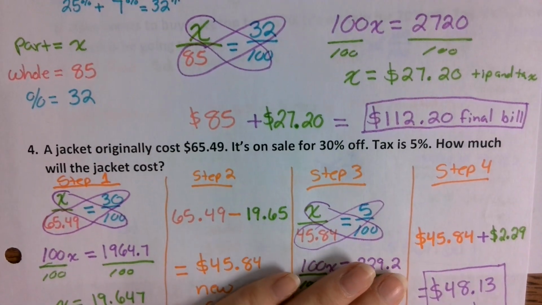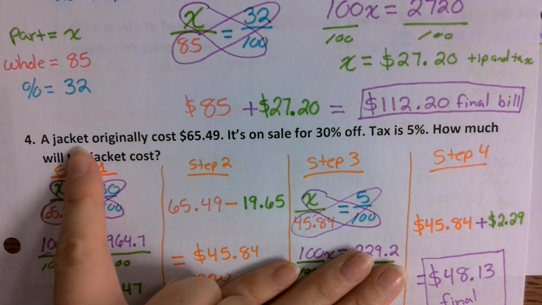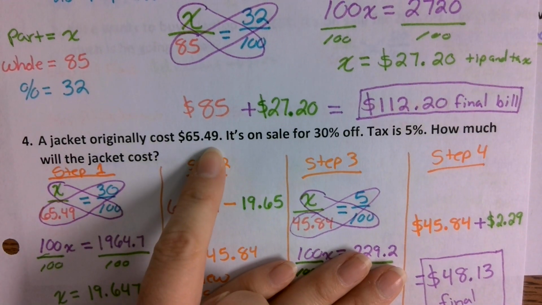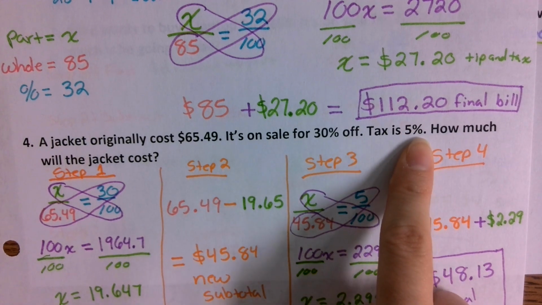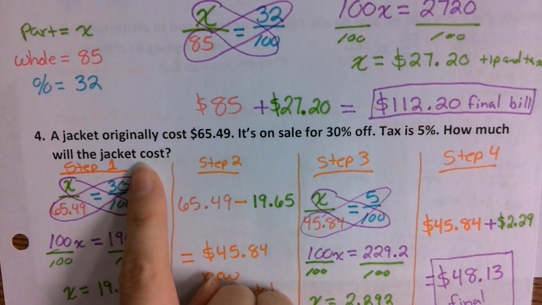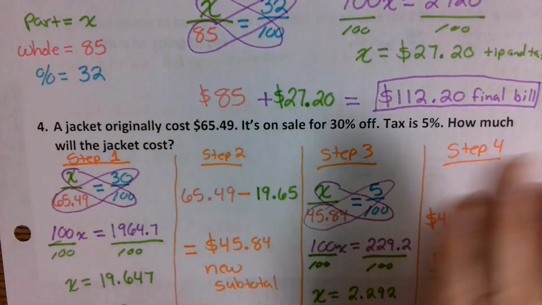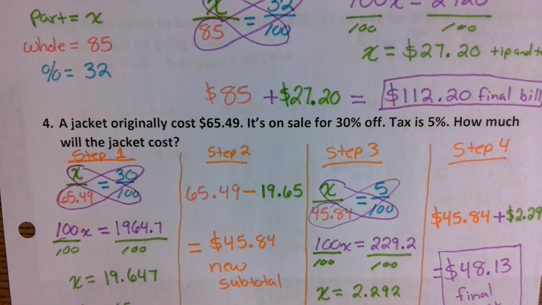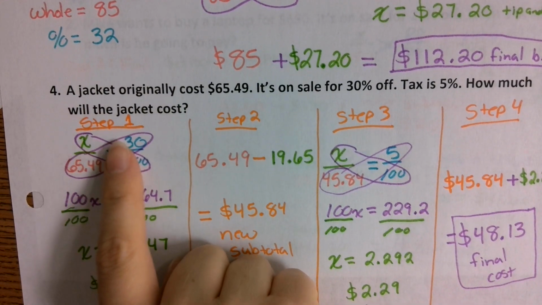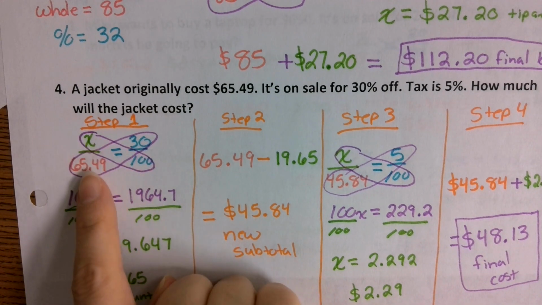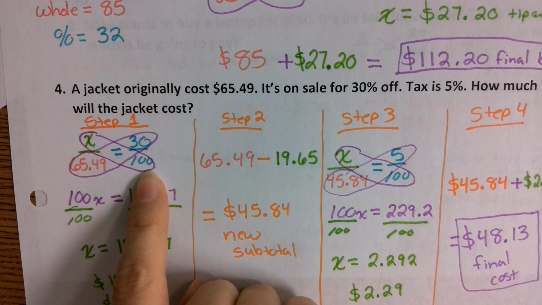Okay, for problem number 4, a jacket originally cost $65.49, but it's on sale for 30% off, and you have tax for 5%. How much is the jacket going to cost? So I split it up by steps. I went ahead and did it by columns this time instead of rows. So step one was us finding the discount. So we did X over $65.49 equals 30% over 100.